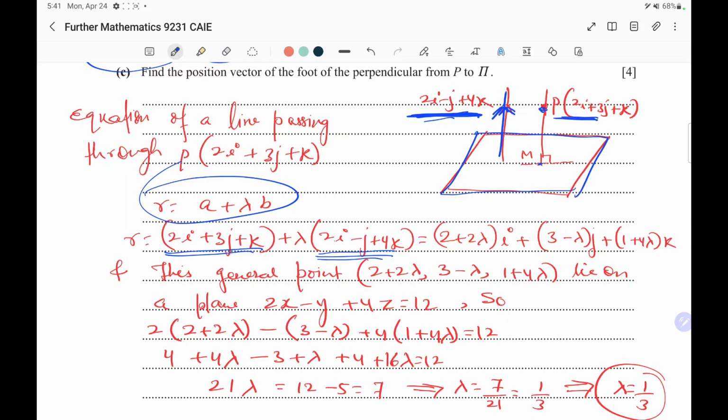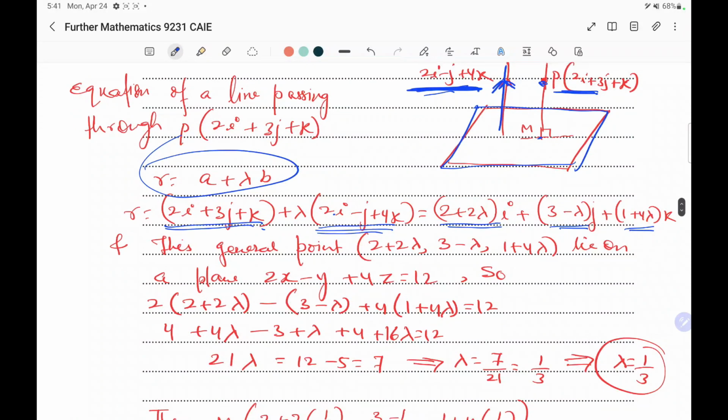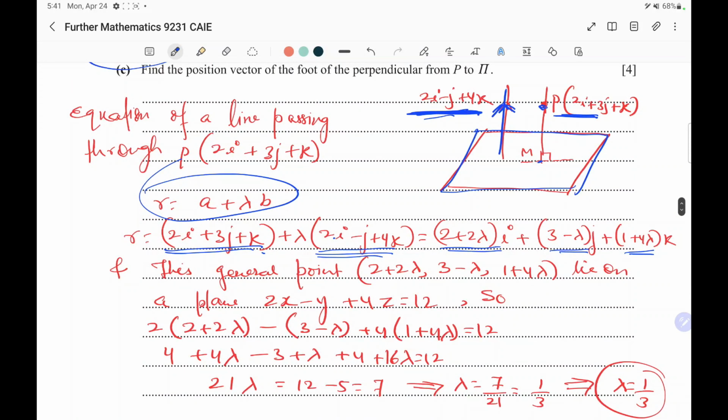Now 2i plus 2 lambda i, so 2 plus 2 lambda i. Similarly 3j minus lambda j, so 3 minus lambda j, and k plus 4 lambda k, which is here. So this is a general point on this line, so I can consider this point M as well.